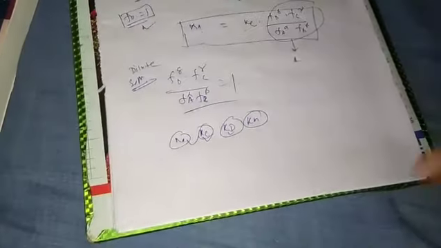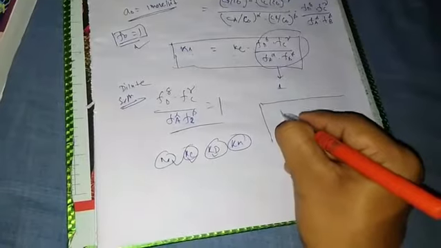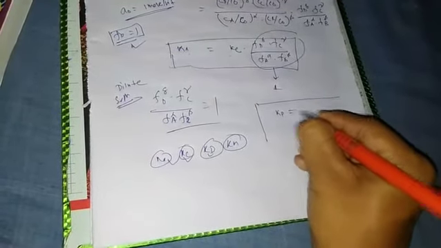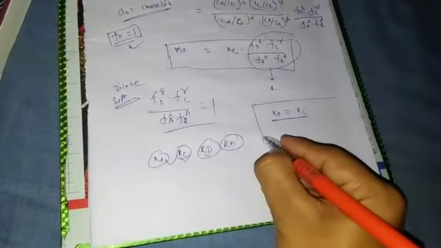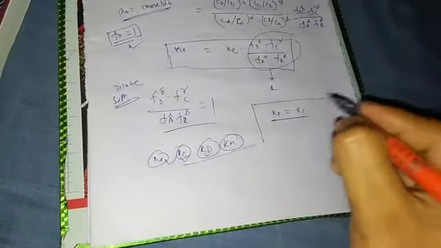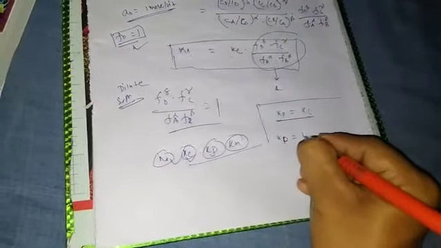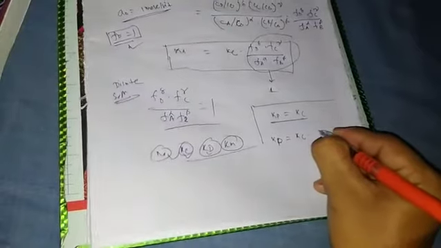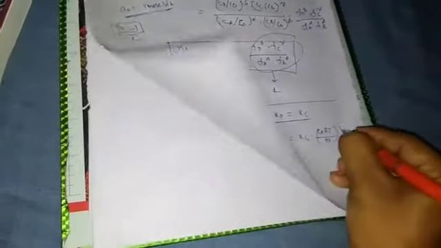Now there is another question. When Kp equals Kc? We know the relation that Kp equals Kc into (C0 RT by P0) whole to the power delta n.